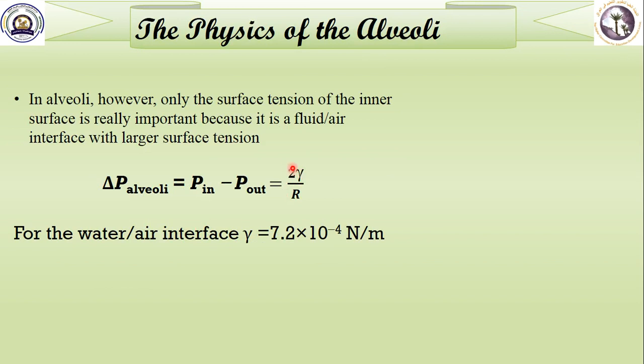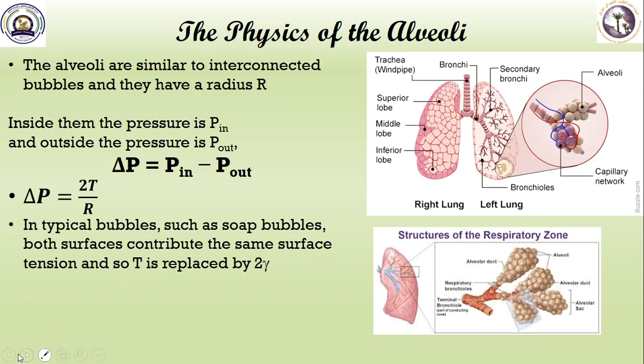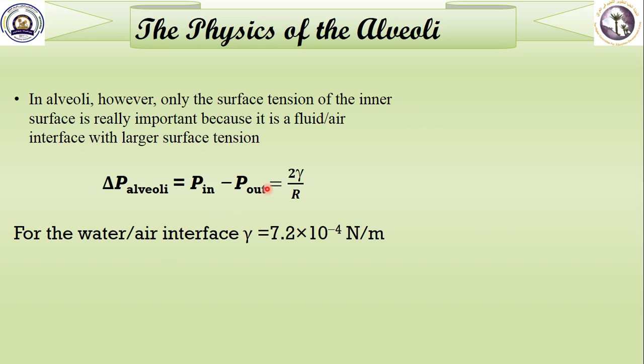It should be 4 gamma, where T is equal to 2 gamma, where T is replaced by 2. So it's gonna be 4 multiplied by gamma. The interference between the air and water, there is a specific number which is 7.2 multiplied by 10 power 4 Newton per meter, and you know this unit very well.